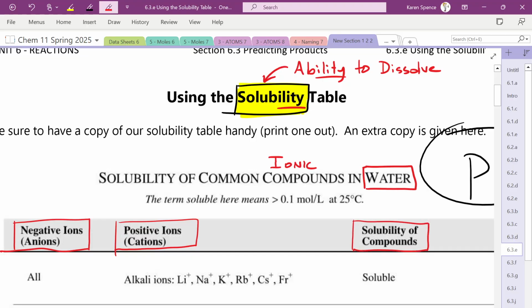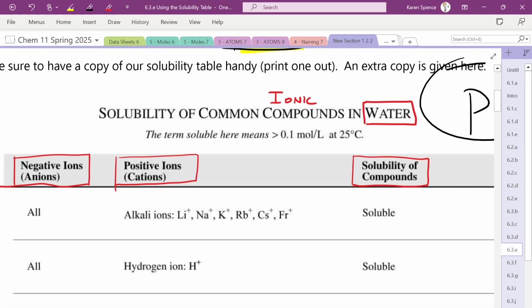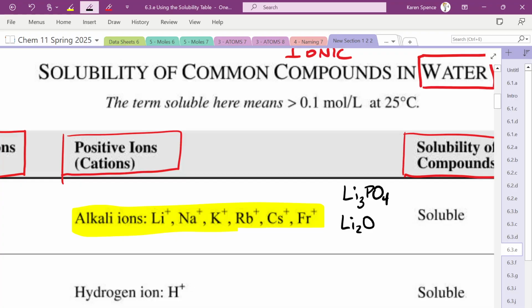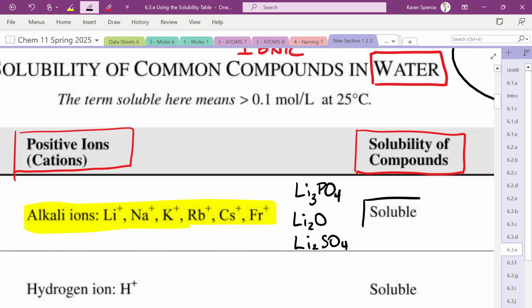So what this is saying is that in our first row here, if our positive ion is any of the alkali ions, so if I had a compound like Li3PO4, if I put lithium with phosphate, with oxide, or with, I don't know, SO4, all of those are going to be soluble.